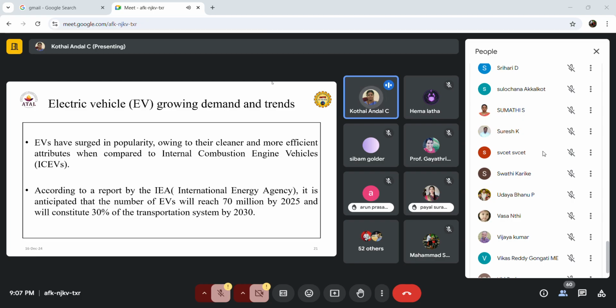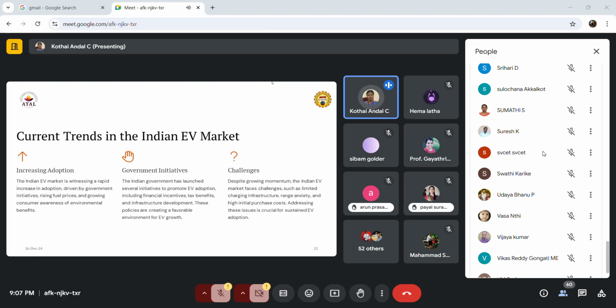The EV is gaining popularity. We know that because it is cleaner and more efficient energy, right? So current trends in the Indian EV market: increasing adoption, we can discuss from three points of view. Adoption is increasing because of the rapid increase in adoption and the government also taking some initiatives.